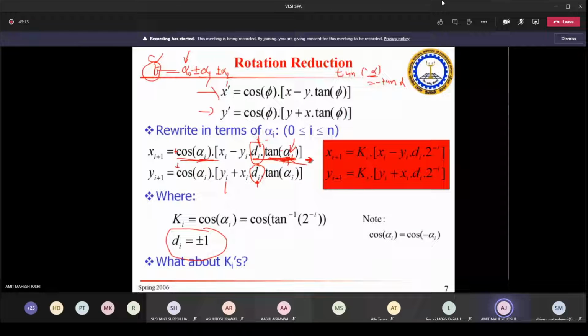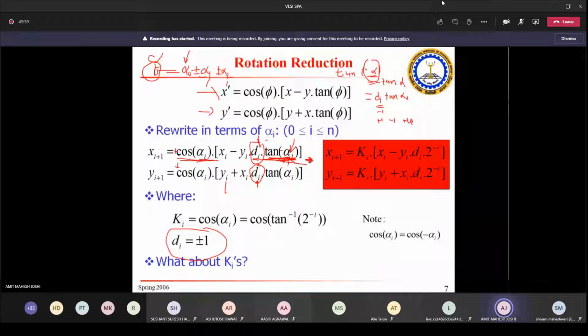This di multiplying tan alpha i is just to take care of this. So this di would be negative 1 when any angle is negative, and plus 1 when any angle is positive. Just to take care of this, I am doing this.